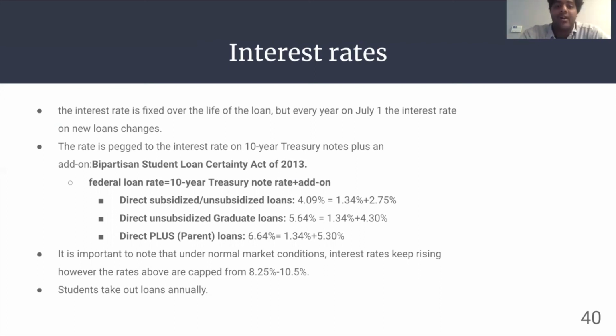But there is a cap to how far these rates could potentially rise, and that ranges from 8.25% for the direct subsidized loans to 10.5%, respectively, for the direct PLUS and parent PLUS loans, with the direct unsubsidized graduate loans capping off at around 9.5% as well. It's also important to note that students take out the loans annually, so the interest rates increasing, or the add-on amount increasing, does matter.